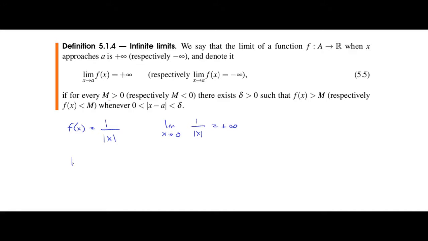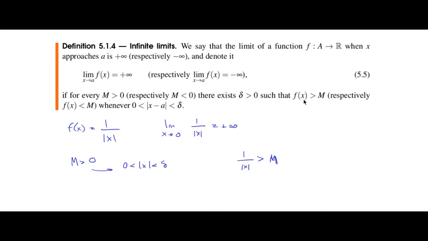So suppose we have any m greater than 0, are we able to find a delta such that x is between 0 and delta and 1 over x is greater than m, which is what we want, okay?